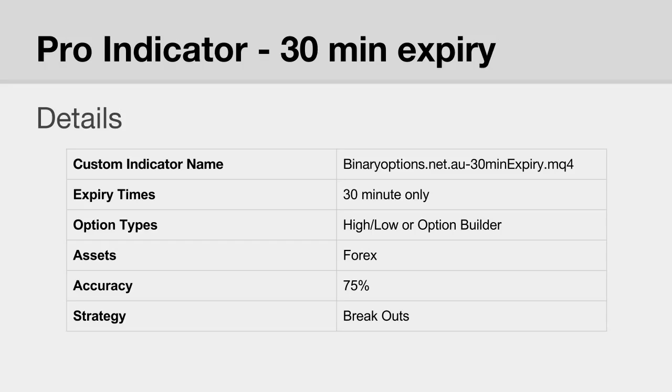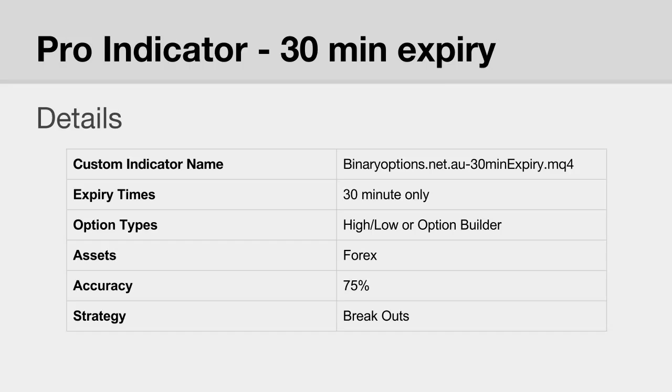option builder option types. So it's not for 60 seconds. It's not for ladder betting or any other sort of option types. Just for high, low, and the only assets it's for is forex, and it's better on forex in high volatile time zones, and also when certain currency markets overlap.